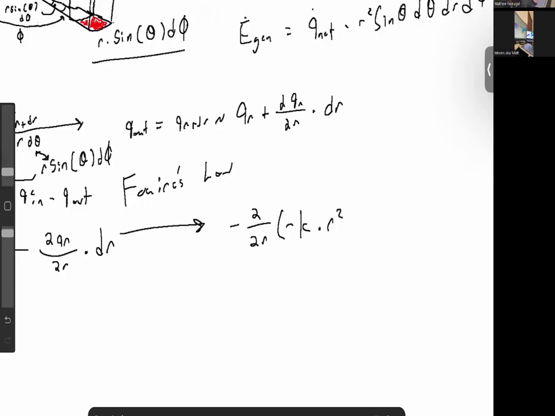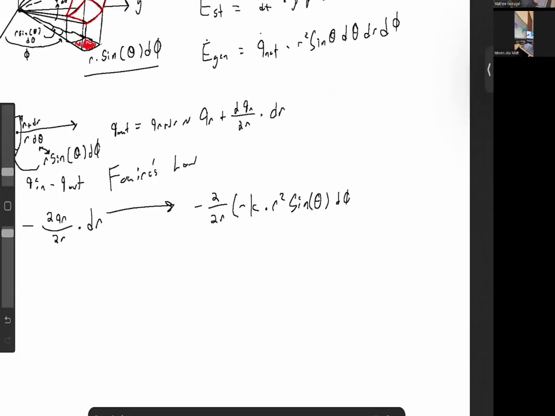This is R squared sine of theta dφ, and this is multiplied by dT over change of R multiplied by dR.